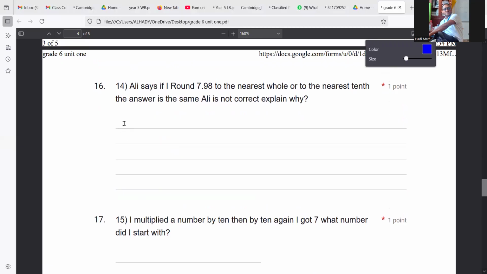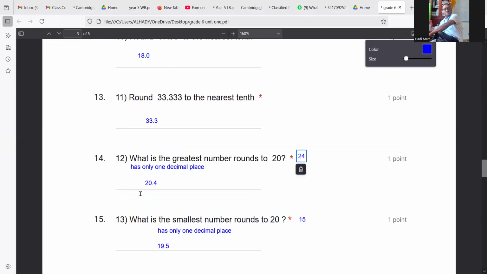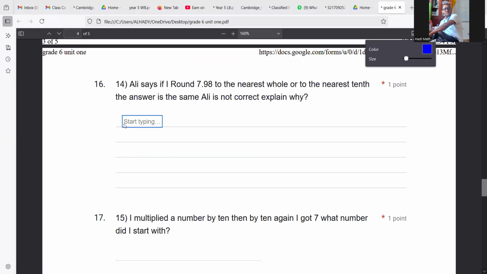You can go and round each one of them. 7.98 to the nearest whole equals 8. Once the whole number is 7, we look at the first digit after the decimal point, which is 9, and then the answer will be 8.